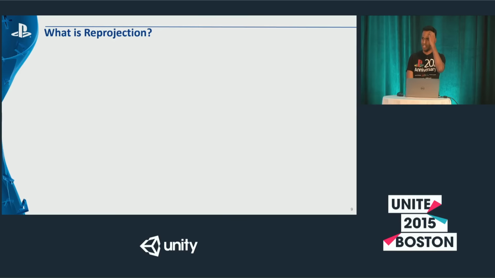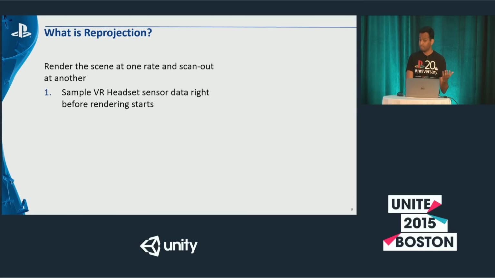The process of reprojection has been used in graphics for many years to address different problems. Basically, you're able to render your game at one frame rate, and you're able to scan out at another frame rate, usually higher. Walking through the process of reprojection, it would be as follows. First, you would sample the sensor data before the rendering starts, and then you would render the frame as usual.